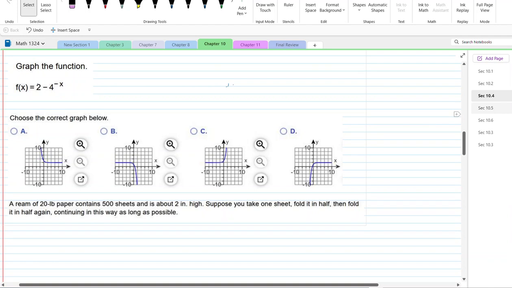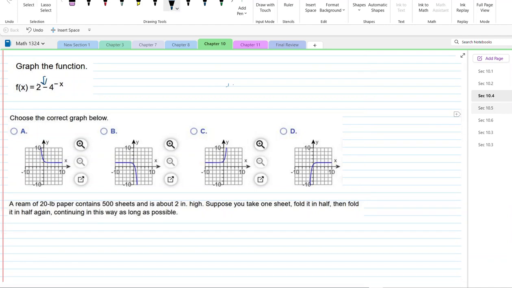Now, what's different between this guy and the one we did? First off, we have a reflection. Four to the -x. And then this part says we have this is reflection over x-axis.